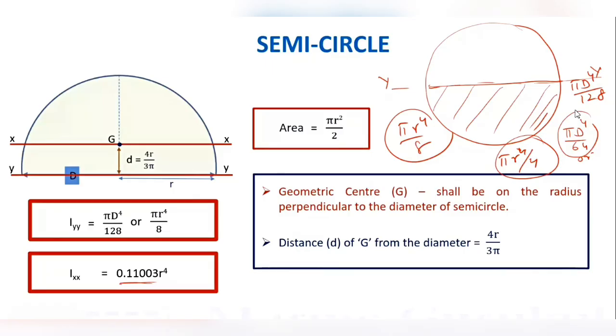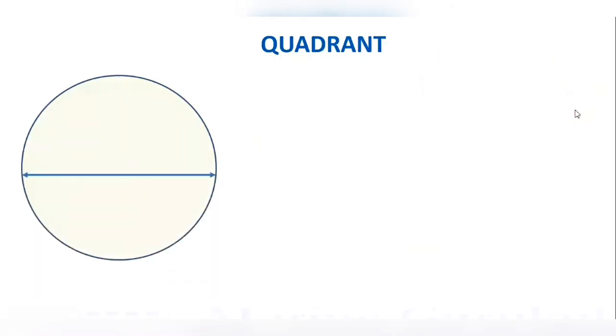Now we go to the last set of the formulae, that is the quadrant. We started with the circle, we lost half of it, it became semicircle, then we lose. Here was the geometric center of the semicircle. Now tell me, if this was the geometric center of the semicircle, then what do you think of area A1 and A2?